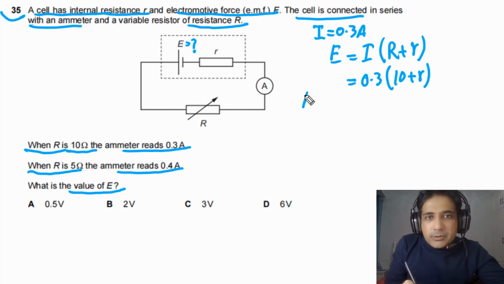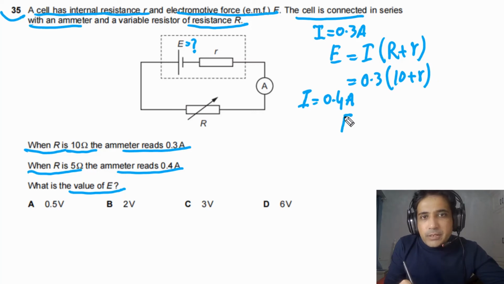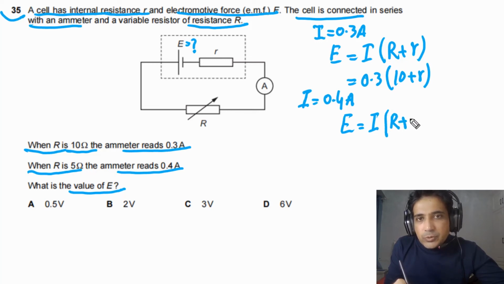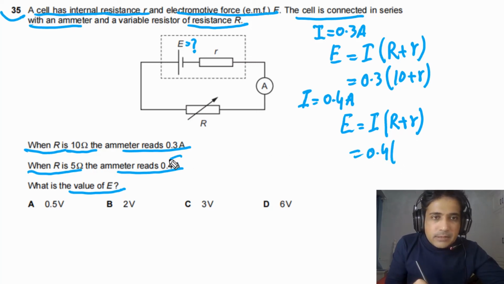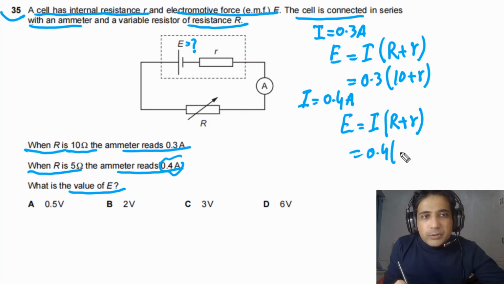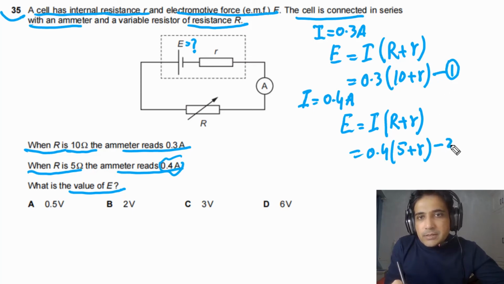We can also rewrite this equation when the current is equal to 0.4 amps. E is equal to I times the load resistance plus the internal resistance. In this case, the current is 0.4 amps as given here. The load resistance is 5 ohms and the internal resistance is not given. We can say this is equation 1 and this is the second equation.